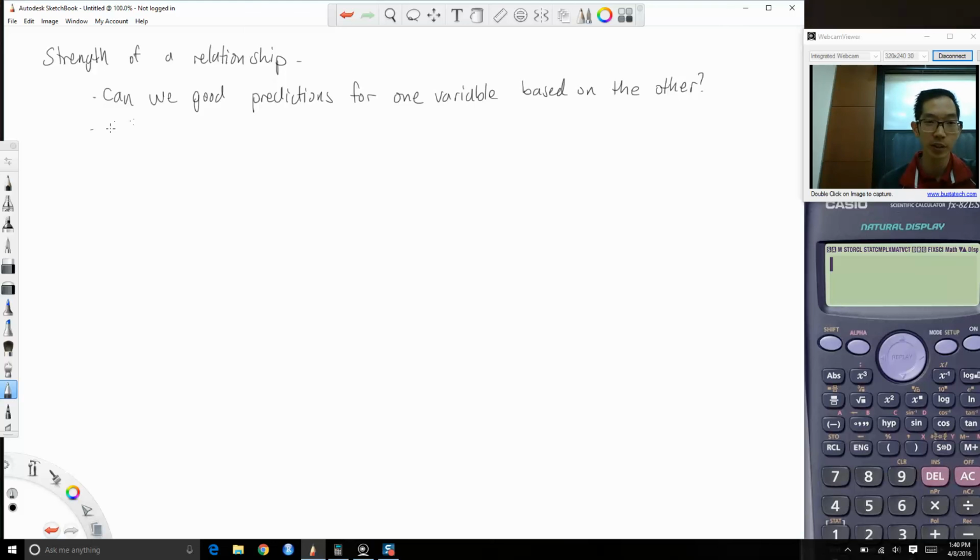Or another could be, how much scatter is present in the dot plot, or in the scatter plot. Okay.